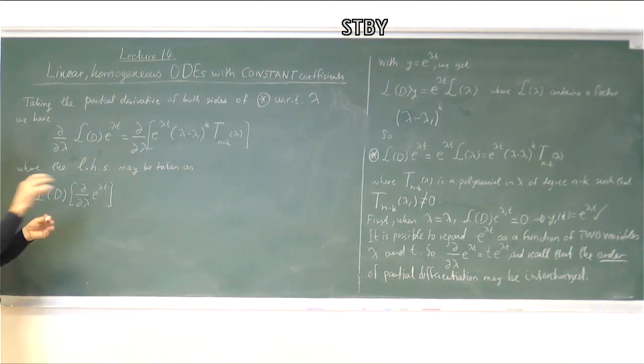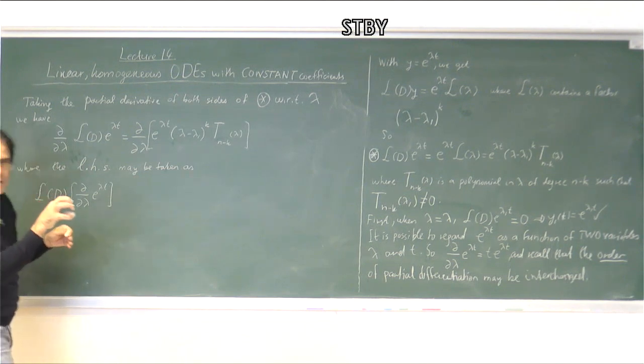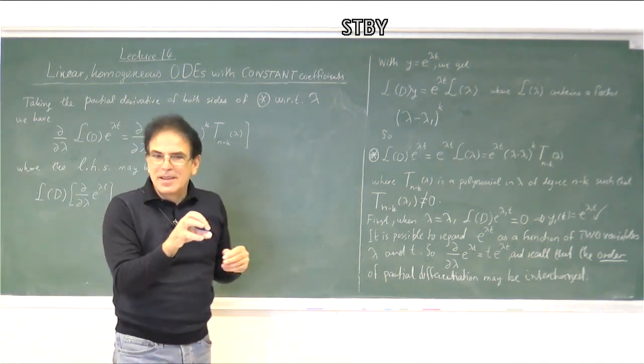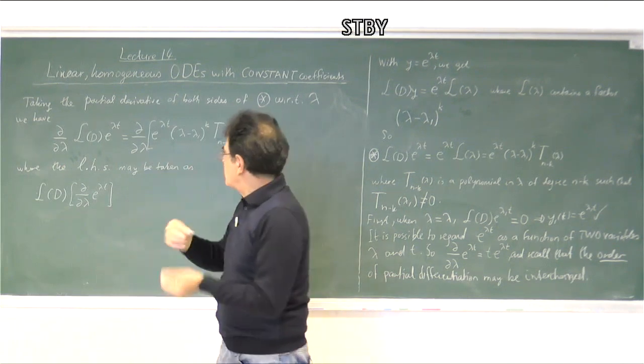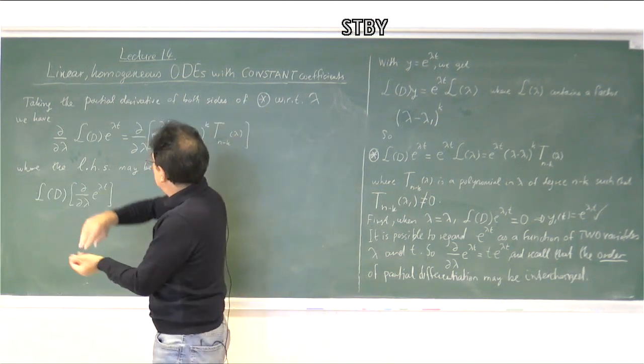That L of t implies derivative with respect to t. Okay? So derivatives with respect to t and derivative with respect to lambda may be interchanged.